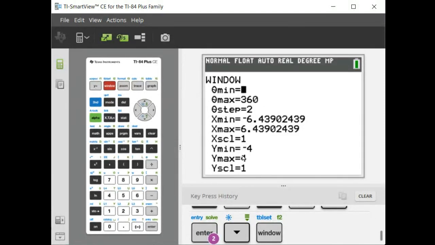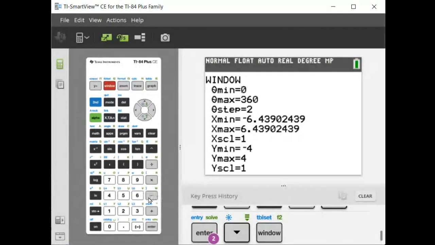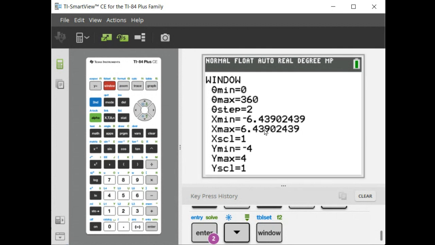X minimum is -6.4. Oh. When you type the negative, don't use the minus sign. Use this sign down here, the one next to the enter button. Don't use the minus; use this one inside the parenthesis. And then -4 and 4.